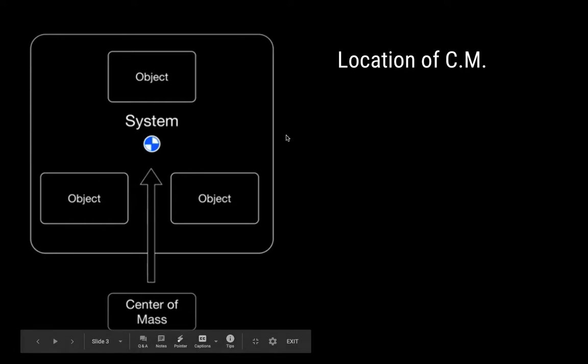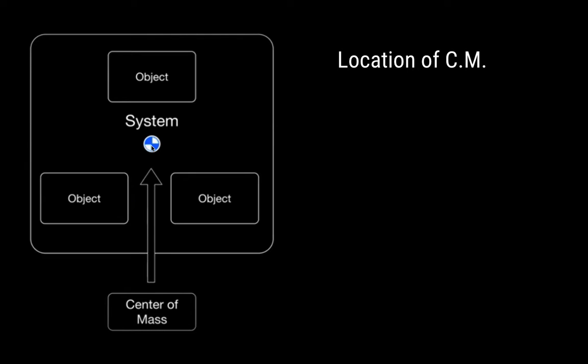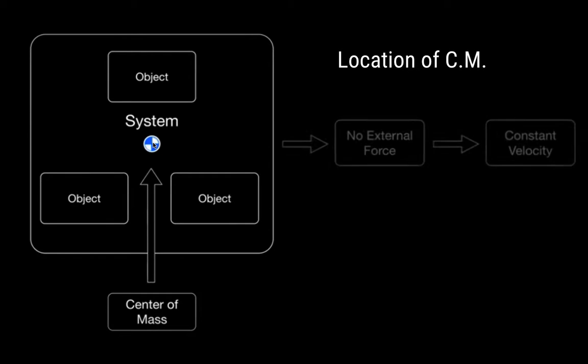So here's our system. We have three objects with mass. This position right here is our center of mass. If our entire system were to move to the left, to the right, that position, the position of its center of mass, will not move.